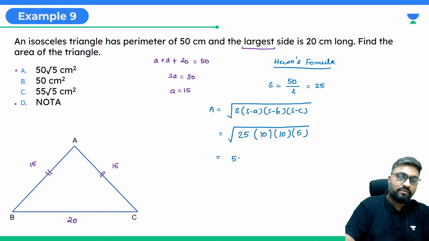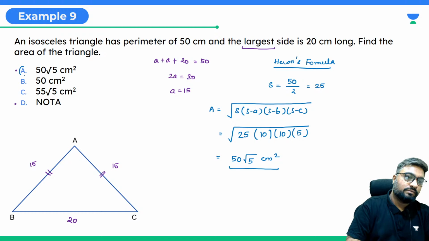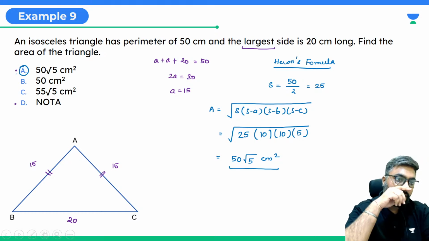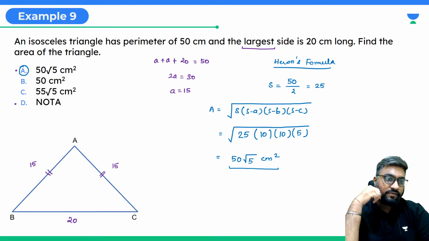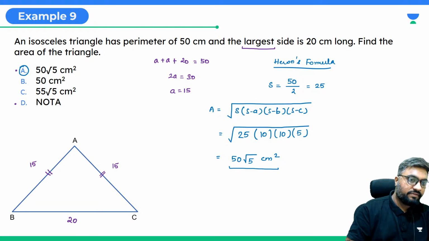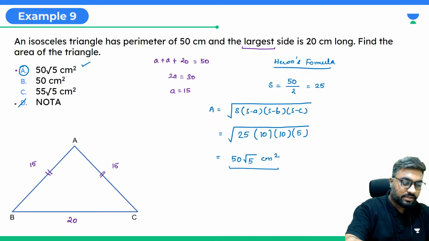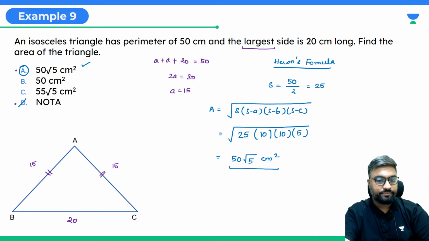So 5 into 10, 50 comes out and then we are left with root 5. So 50 root 5 centimeters. Not 55, 55 is incorrect. 50 root 5 centimeter square is the right answer.